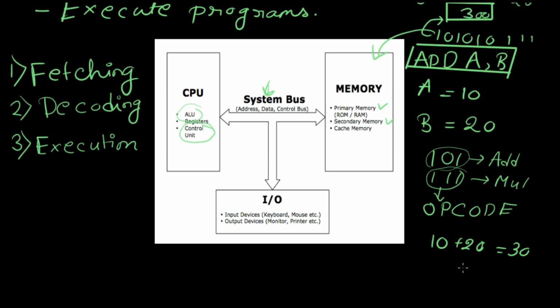Suppose in the same location A, we will store this result 30. So again, storing the information, the CPU will tell the memory to store this value. Maybe this information can even be stored inside the CPU as well.